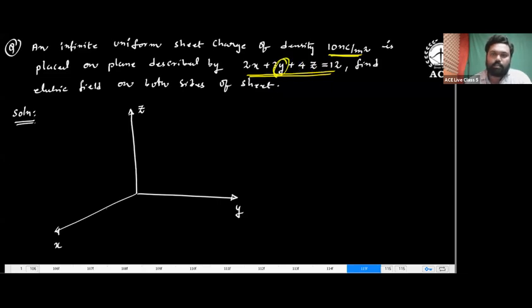X is equal to 6, somewhere here: 1, 2, 3, 4, 5, 6. To get the coordinate of y, I should make the other two things zero. So y is equal to 4: 1, 2, 3, 4. To get the value of z, I make the other two zero. So z is equal to 3: 1, 2, 3.